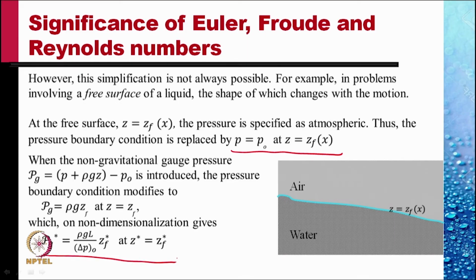Now notice that G, which does not appear in the equation of motion, has now appeared in the boundary condition. Thus, gravity effects are important in problems with a free surface.